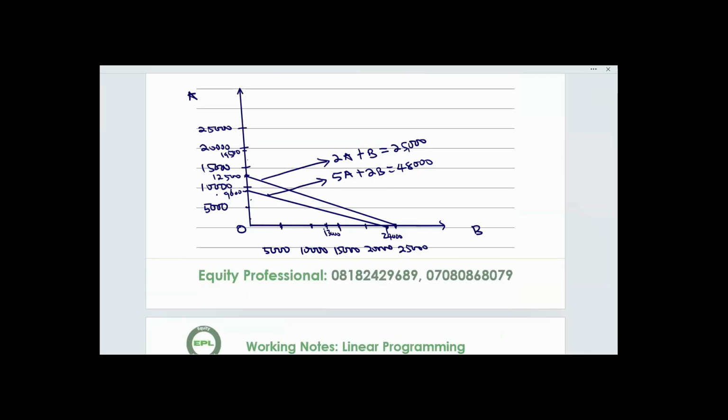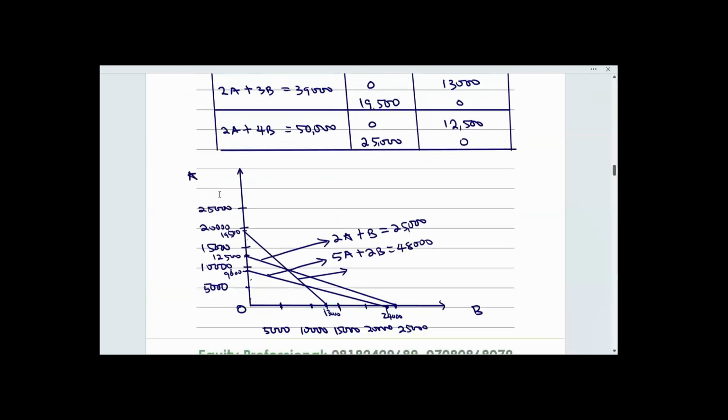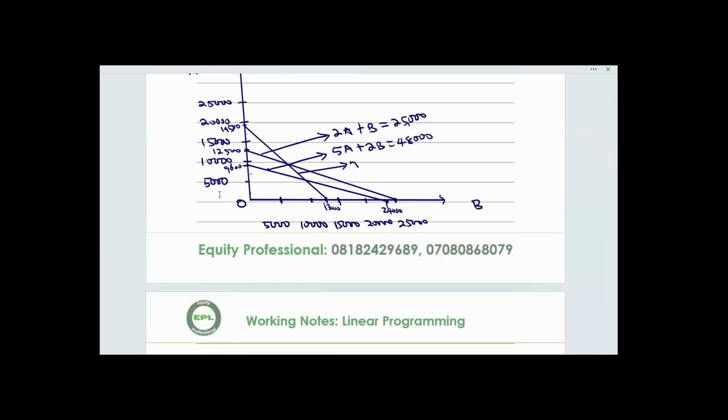Let me see. I'm not using a ruler. Let's see how it will work out. Okay, better. So then you write out the equation. This is equation 2A plus 3B equal to 39,000.